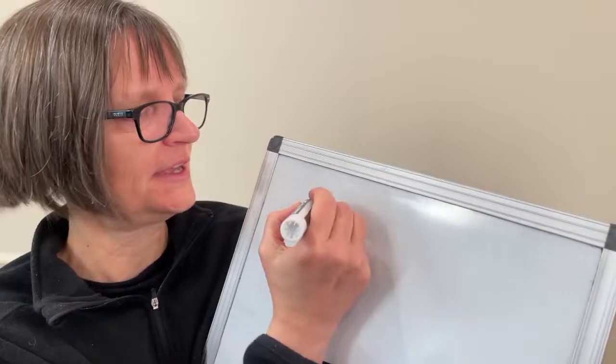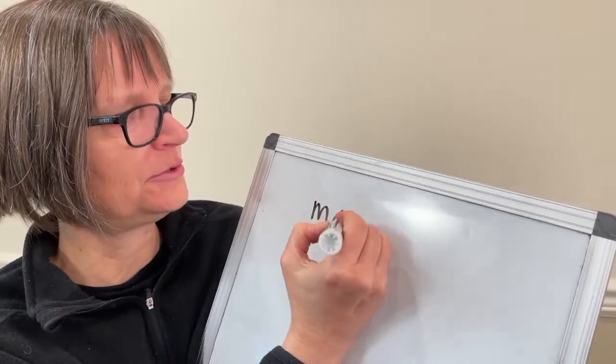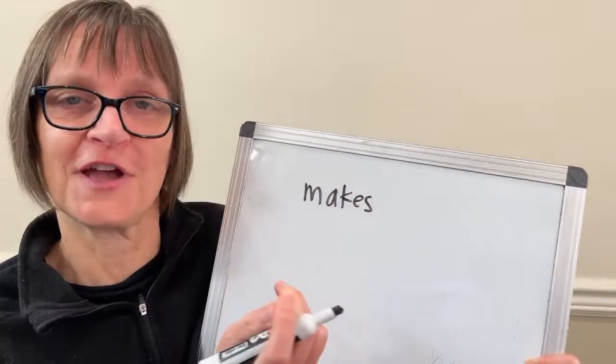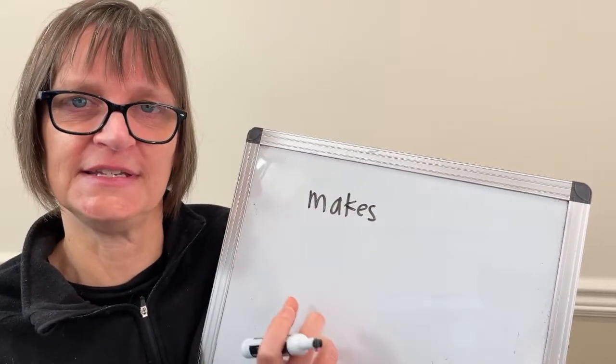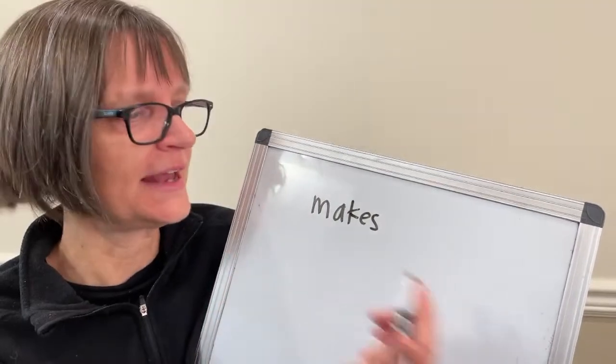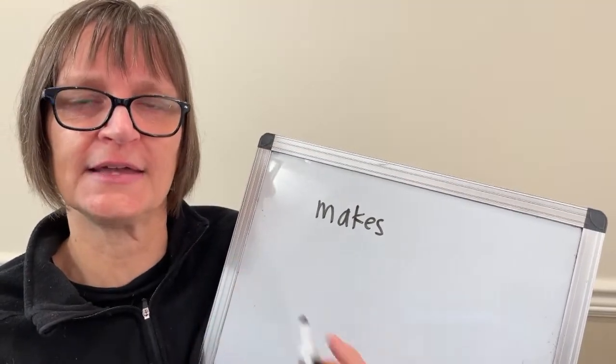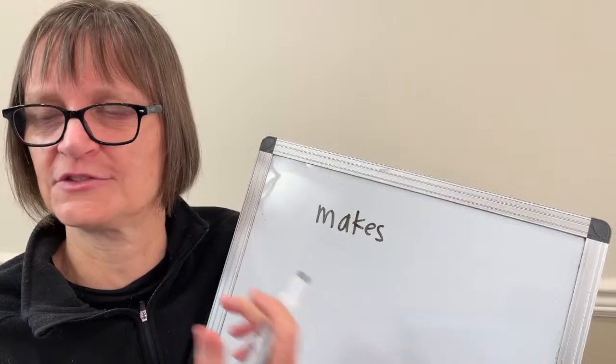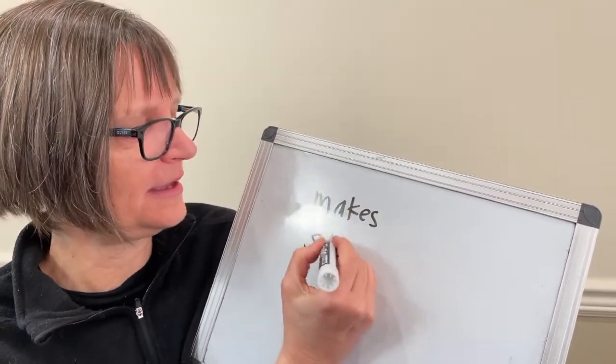Okay, we have a question about words like makes, straights, wolves, and holds. Similar to what we were talking about with past tense, when we add the letters ed, they can say different things. When we're talking about verbs that add s or plurals that add s, the s can also say different things. Thank you for bringing up this topic.